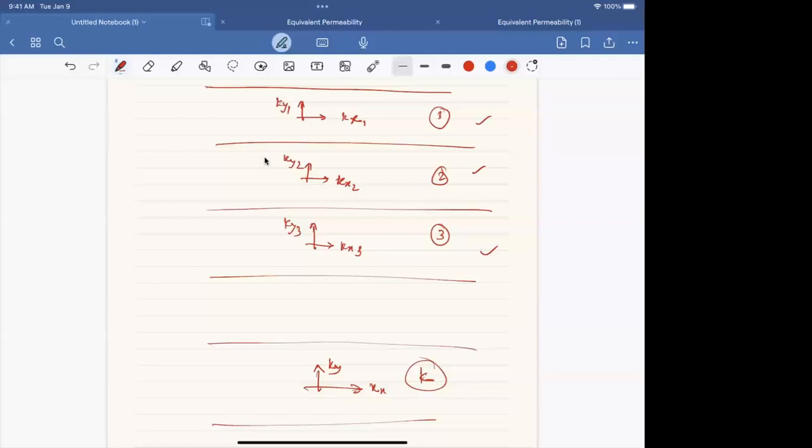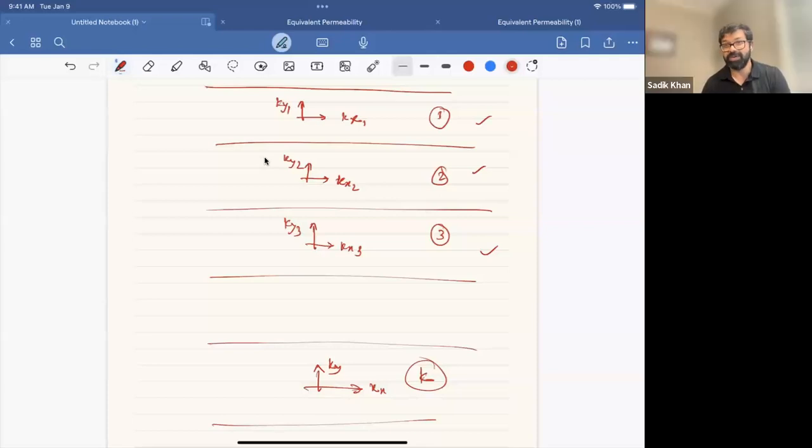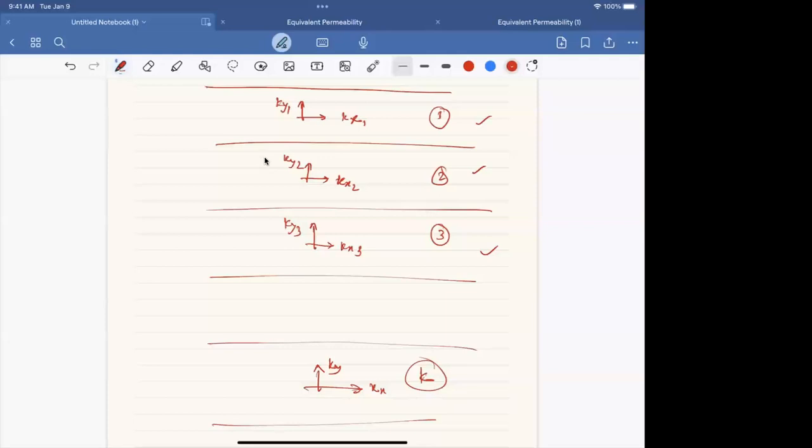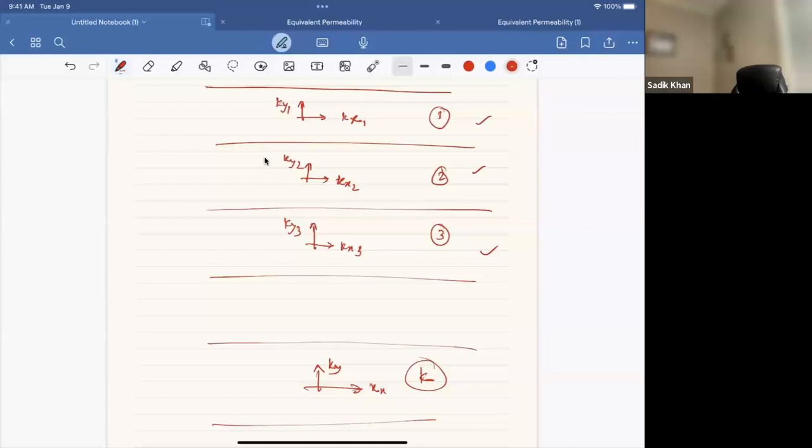Yes, the hydraulic gradient will be the same. Okay. Go ahead, I'm listening.